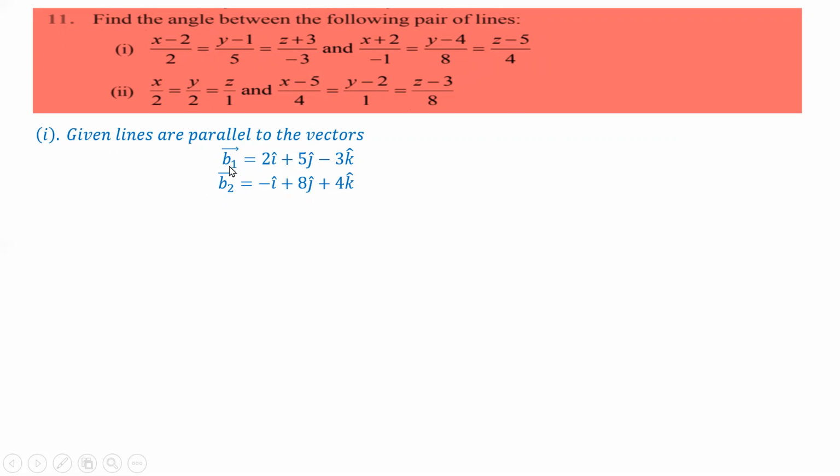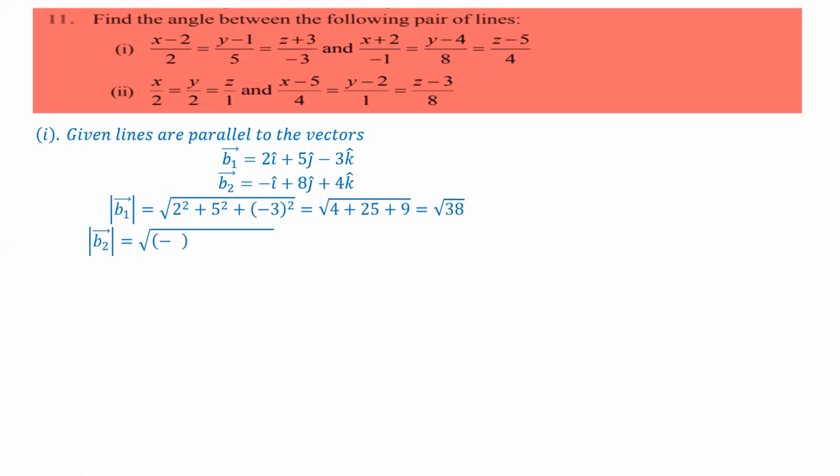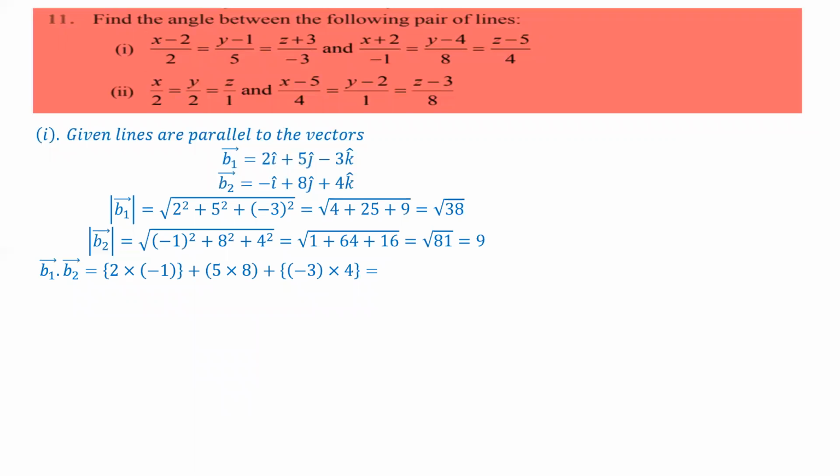If we have vector b1 and vector b2, which are parallel to the first and second line respectively, then we can easily find their mod values: root 38, and the second one is root 81, this is 9. Then find their dot product, that is a1 a2 plus b1 b2 plus c1 c2, add them. So this is 26.